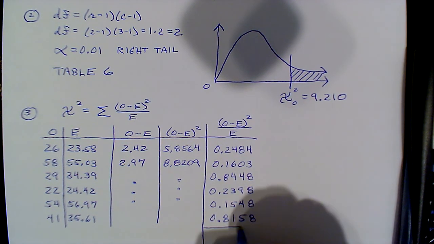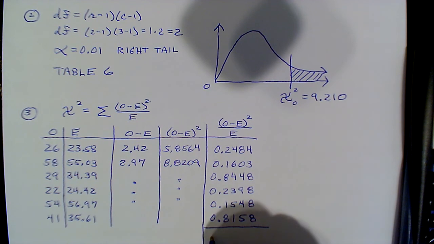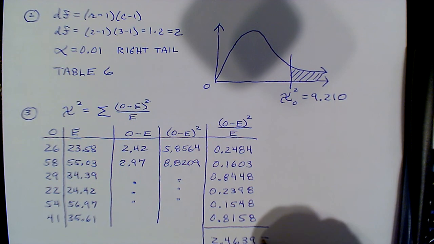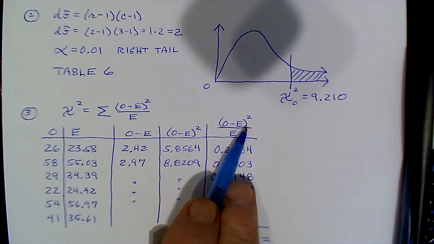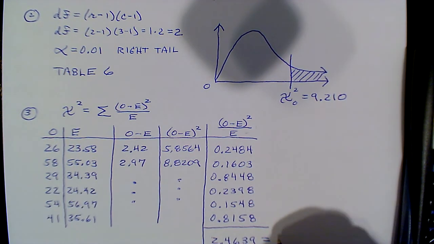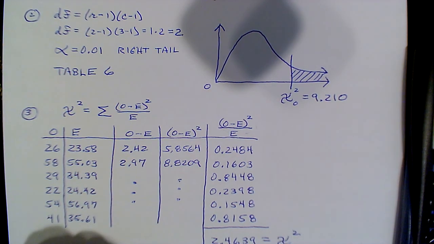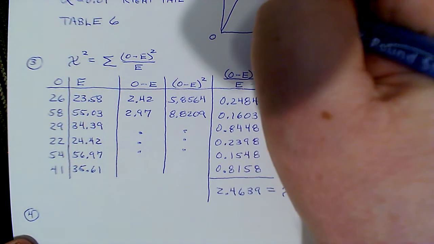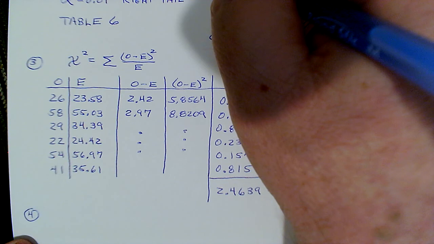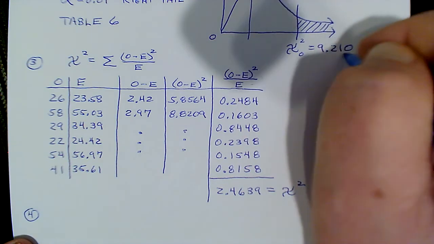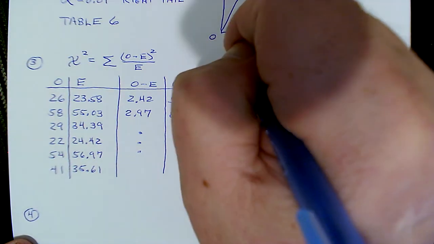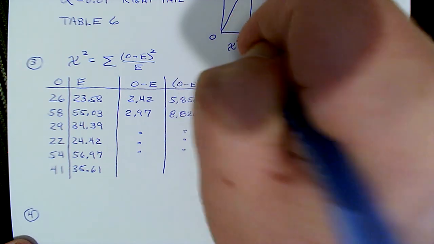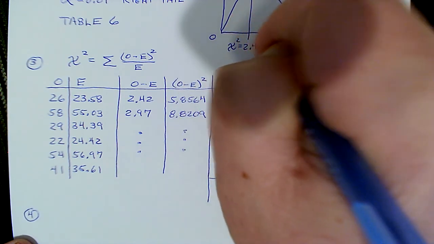And then if we sum that column, we get 2.4639, and that again is the sum of the (O minus E) quantity squared over E, which is our chi-square test statistic.